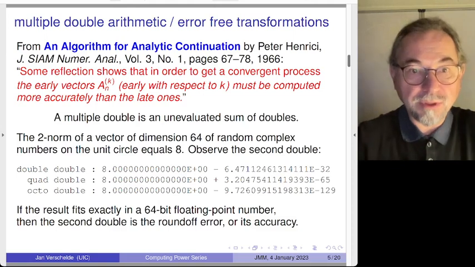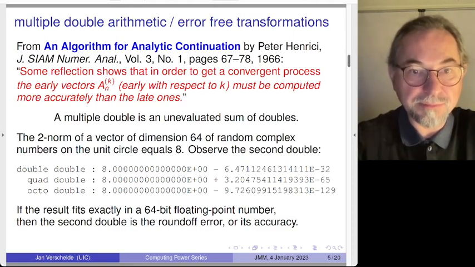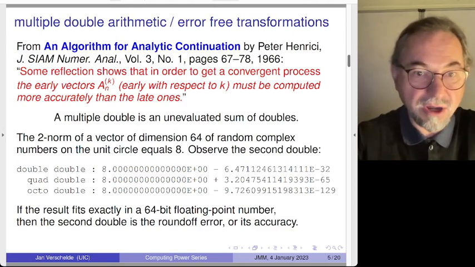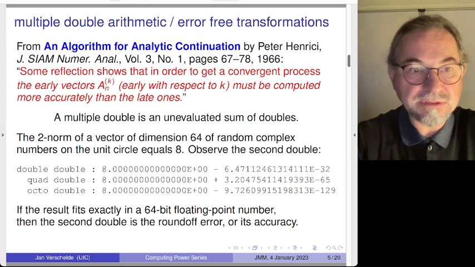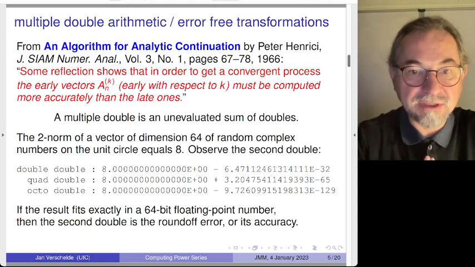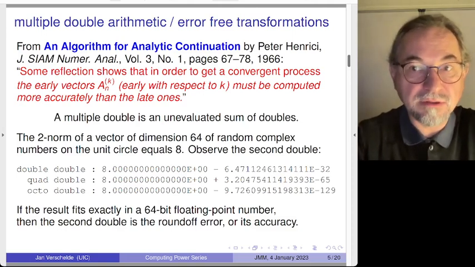So multiple double precision is used, multiple double arithmetic. A multiple double is an unevaluated sum of doubles. So it has the nice property of predictable overhead. And also we are still doing numerical analysis.